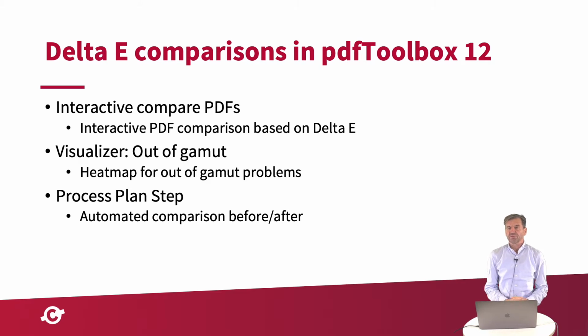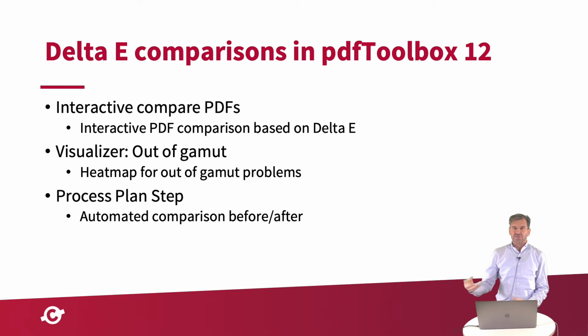First there is of course the interactive mode, the comparison feature in the visualizer. Then again in the visualizer there is the out of gamut feature, where you can compare the file that you have with what would be the result when you color convert the file using an ICC based color conversion.